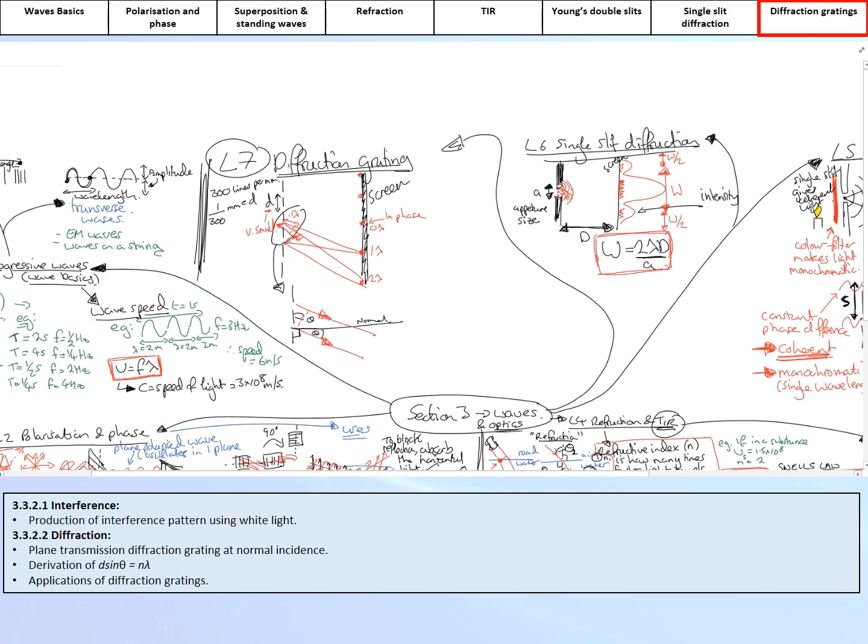So those two angles are the same. If we measure that angle, which we could do by measuring that distance d and maybe that distance there, which is what you did in your core practical, you can work out the angle theta using some trigonometry. So we know that this has to be some number of wavelengths. This is the path difference.